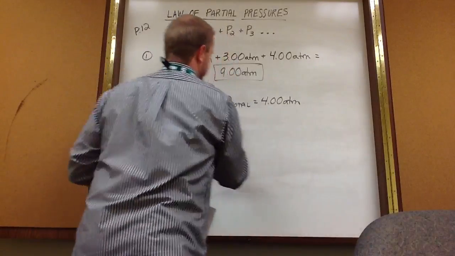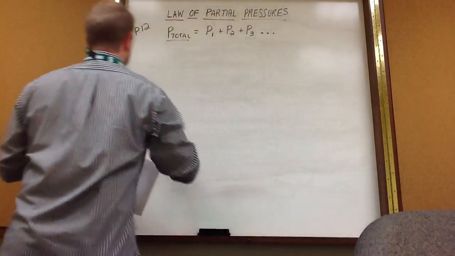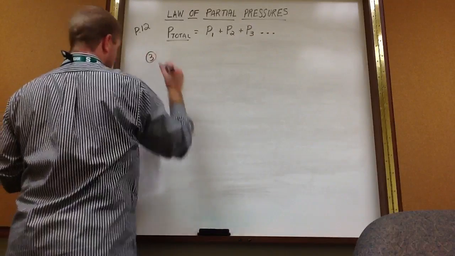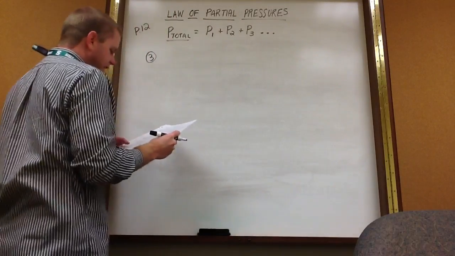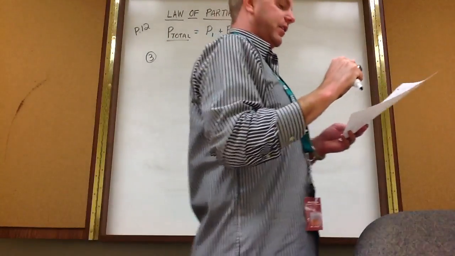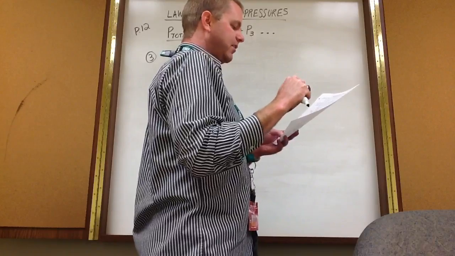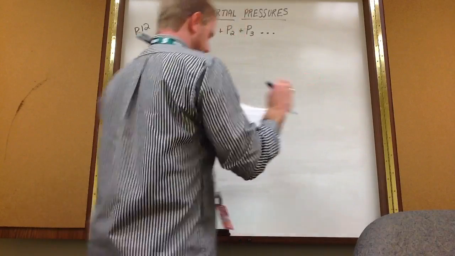Number 3 says, if 60 liters of nitrogen is collected over water at 40 degrees Celsius when the atmospheric pressure is 760 millimeters, what is the partial pressure of the nitrogen?